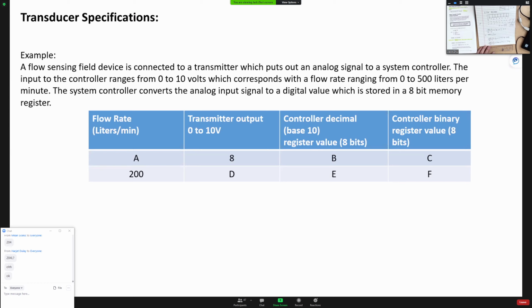Do you still remember how to convert them? Yeah, 11001100.